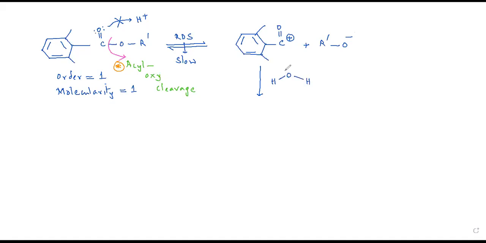Take water molecule now. Now, as and when this attacks, we get C double bond O, then O, H, H, a pair of electron and a positive charge. Now, as usual, you can do this way.